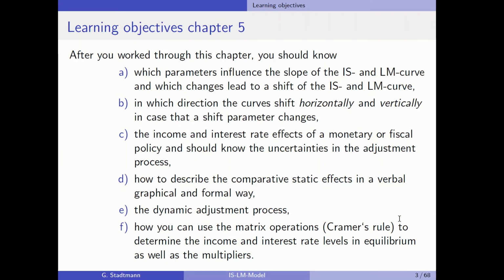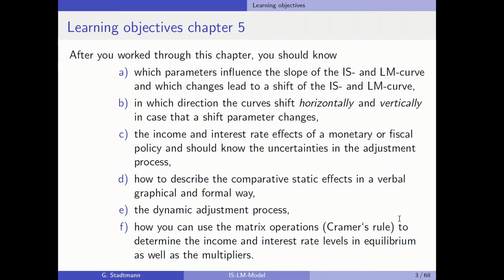So there are always three different possibilities to analyze macroeconomic shocks: either verbally when it comes to the dynamic adjustment process, or graphically by shifting one curve up or down or left or right, and then in a formal way by computing multipliers. And here we have two equations and two unknown variables.